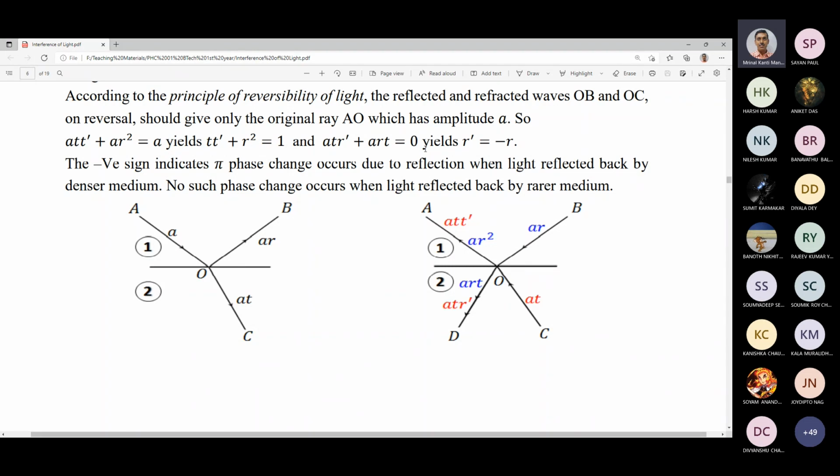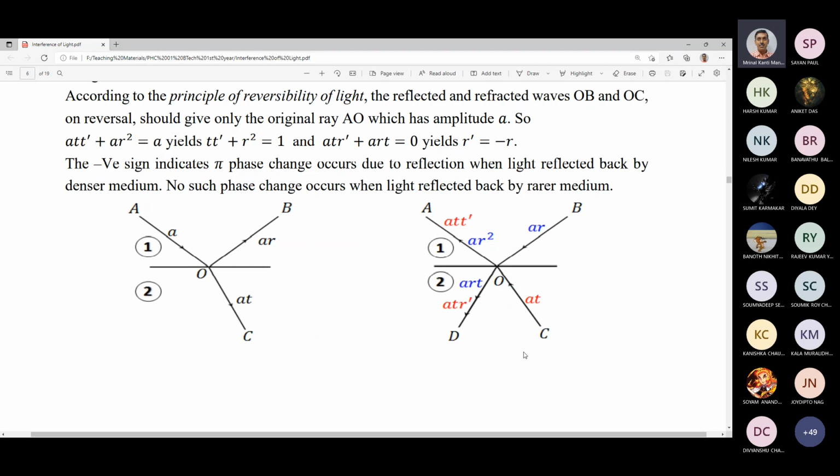Now, according to this equation, R prime equal to minus R, but we cannot write R equal to minus R prime. The negative sign indicates a pi phase change occurred due to reflection when light is reflected back by a denser medium.